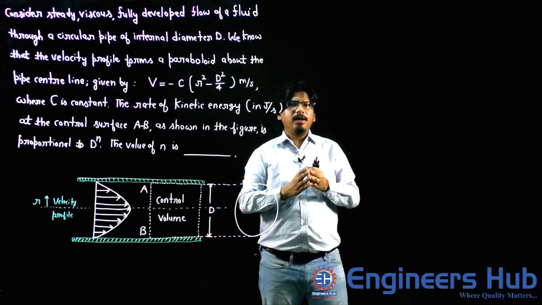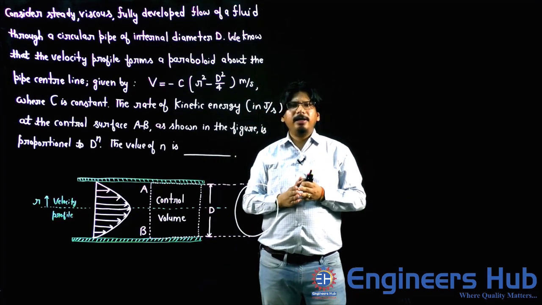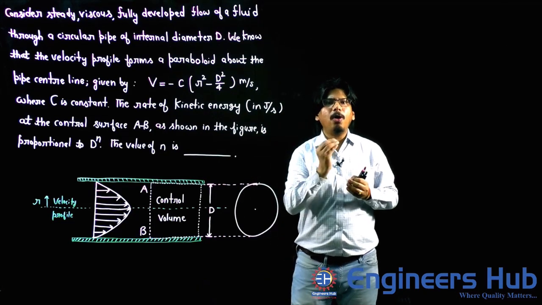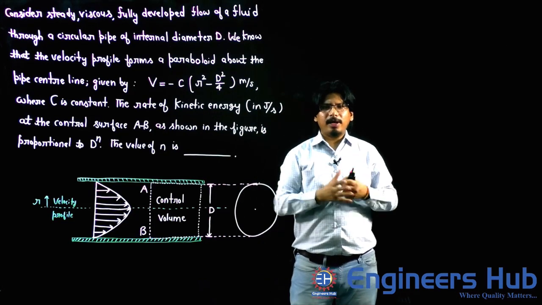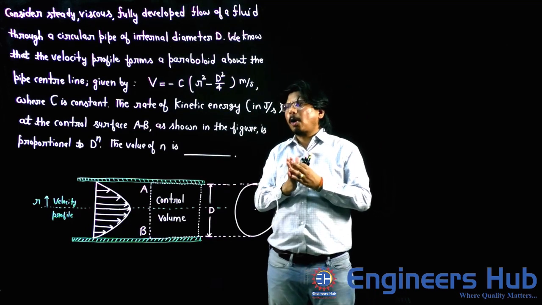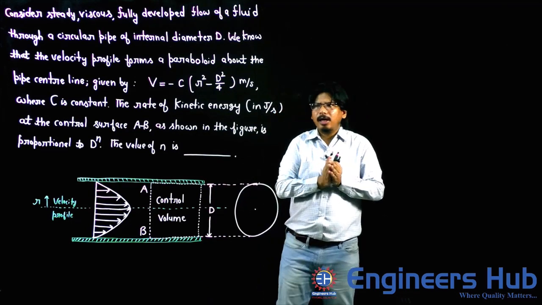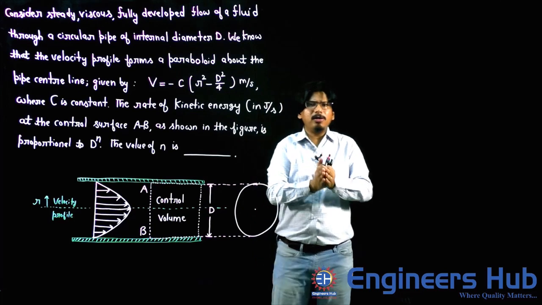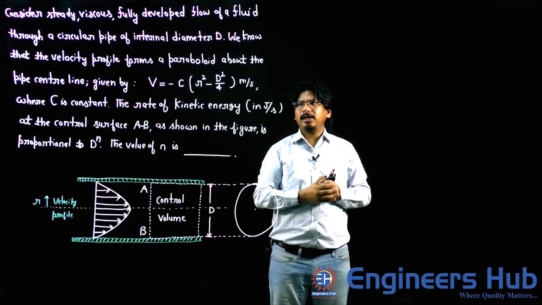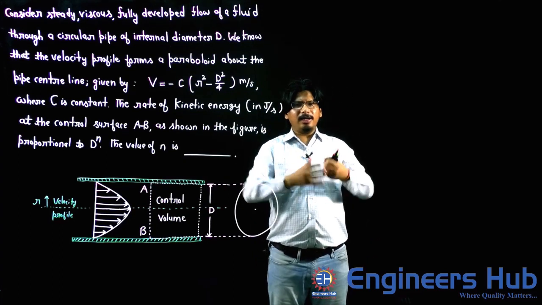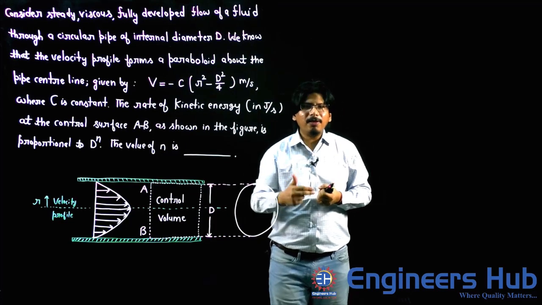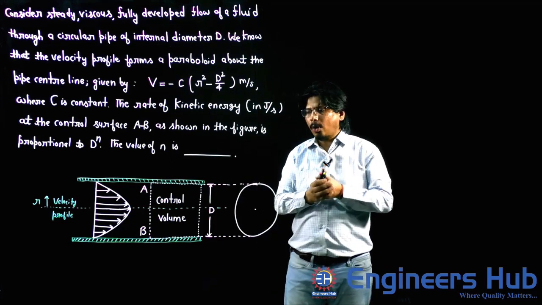We know the formula of kinetic energy rate is half m dot into v square. Now the problem here is this velocity v is not constant, it is varying in radial direction. So we cannot apply the formula directly. So what to do?